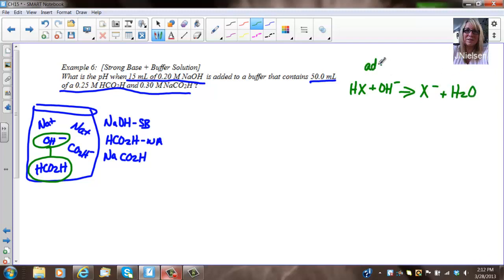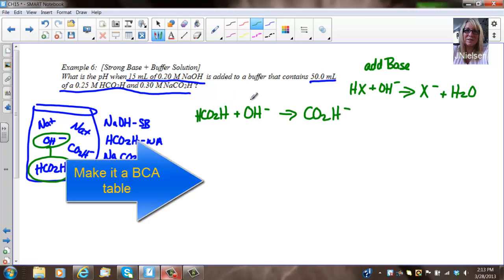So this is when I add base. Okay. So I take my acid, HCO2H, and I add my base, and I'm going to get CO2H minus, because this H comes over here to form water. Now we're not interested in the water.